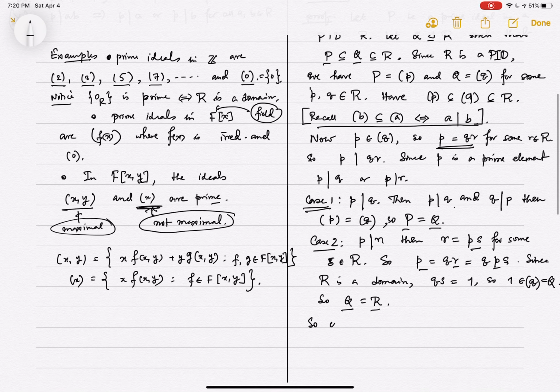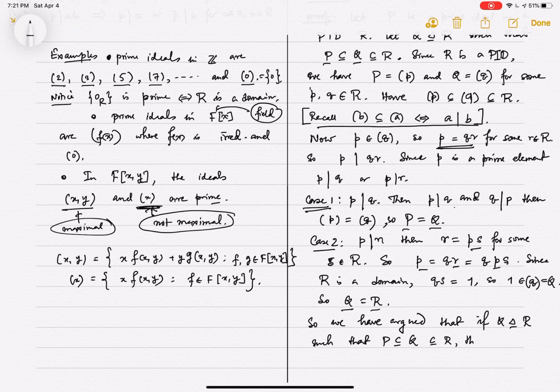So what have we argued? Let's just summarize. We have argued that if Q is an ideal such that Q is between P and R, then either Q is P or Q is R. And this says that P is maximal.